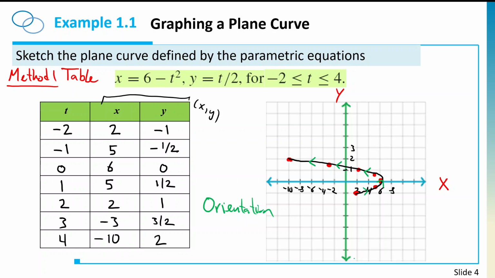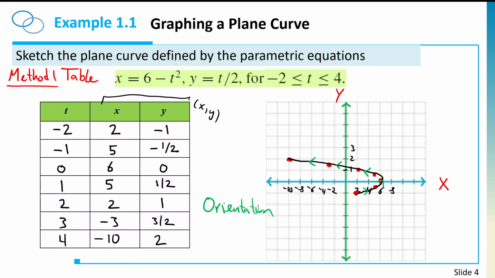Another method we can use, which we're going to use in the next few examples, is this second method. The first method was a table, the basic method for graphing. The idea of the second method is to eliminate t. So imagine that we eliminate t, so we end up with a function in terms of x and y only, which is the familiar one, f of x equals y.